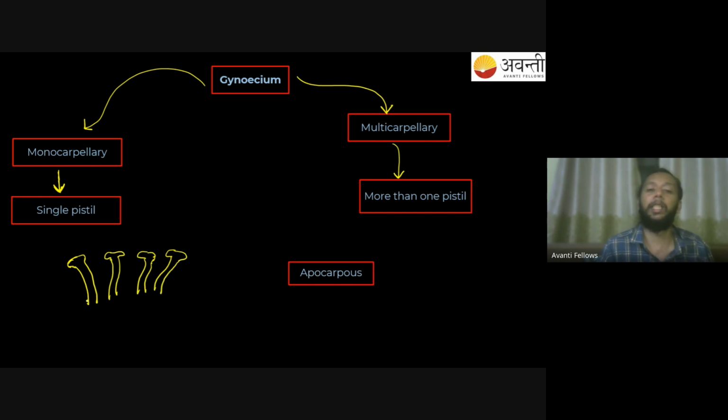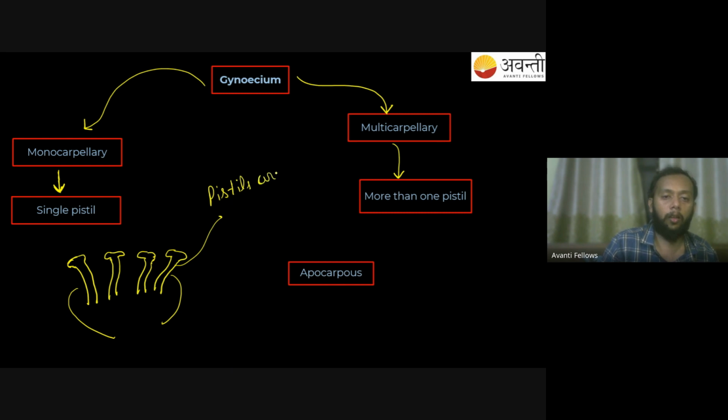They are free from each other. If the pistils are free, then such a condition will be called apocarpous. When you have pistils that are free from each other, that is the apocarpous condition, right?